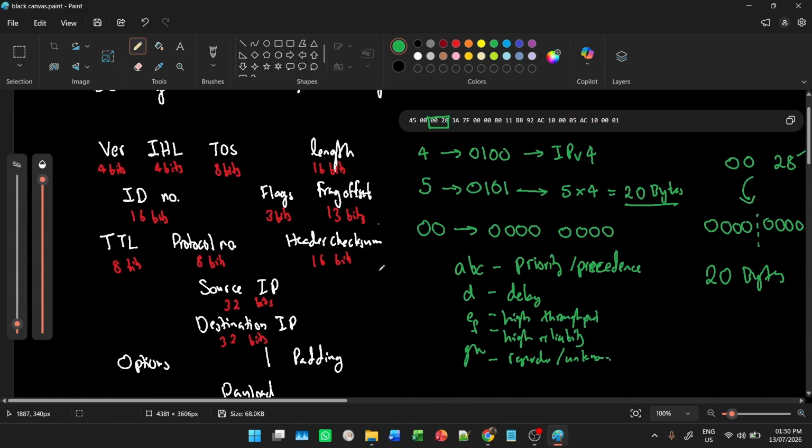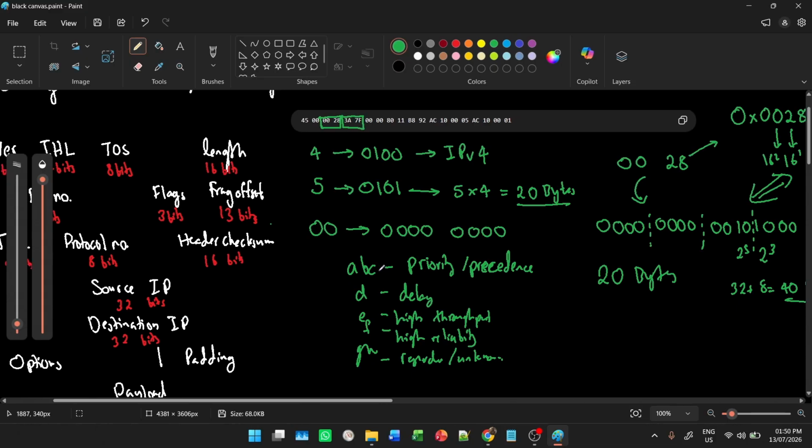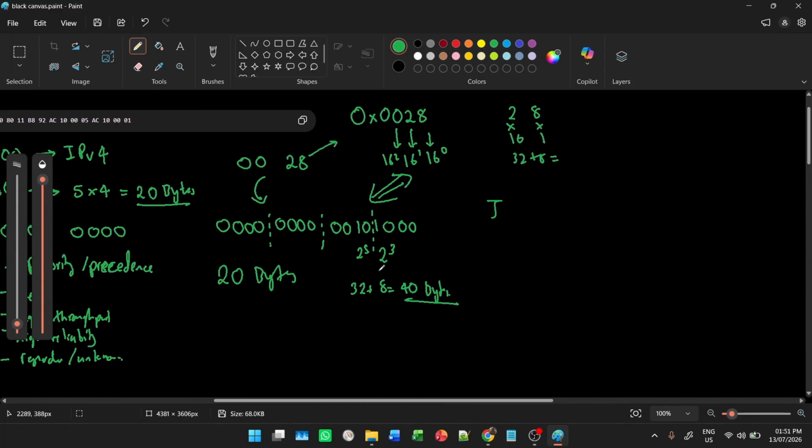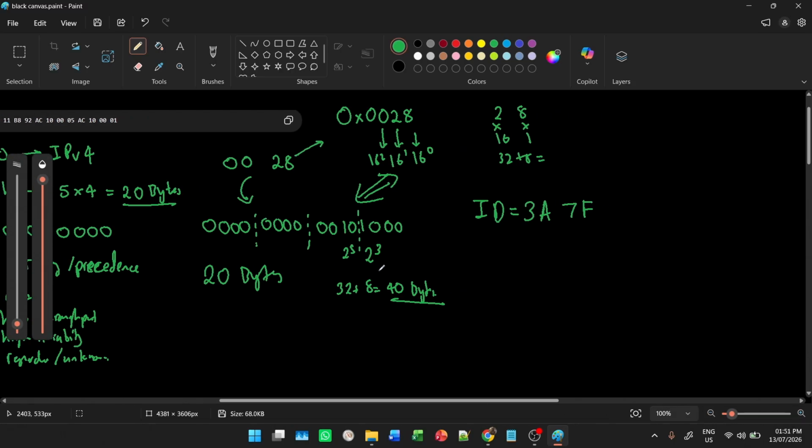Now let's move on. ID number is again another 16 bits. We usually do not need to convert the ID number, because it is usually kept in hexadecimal. Right now we have 3A7F. We can directly convert this to decimal if you want, but it's best that you know how to convert it.